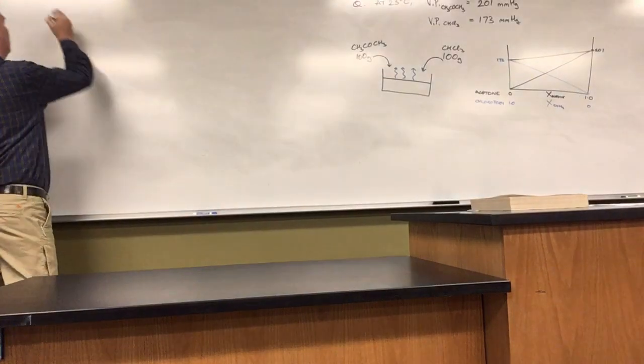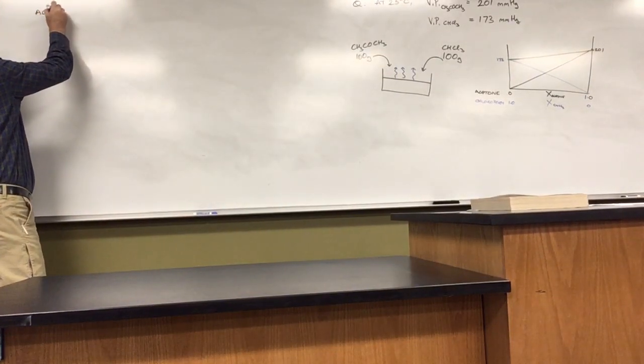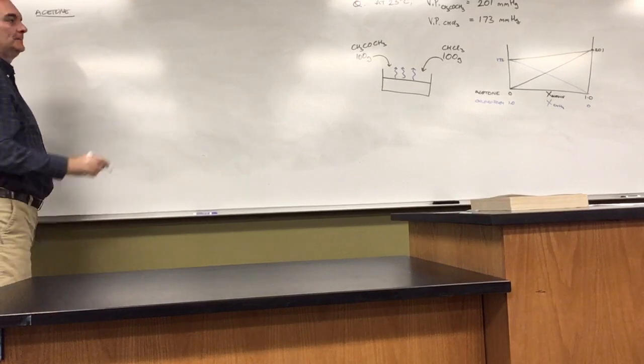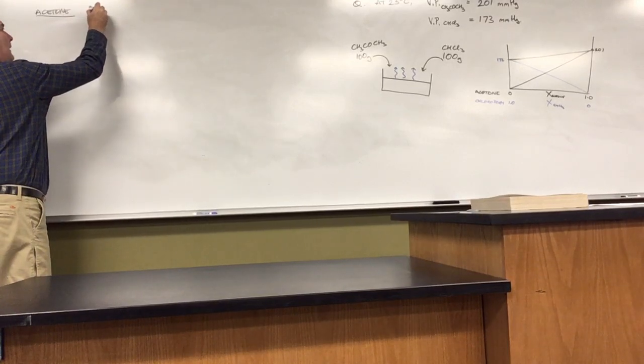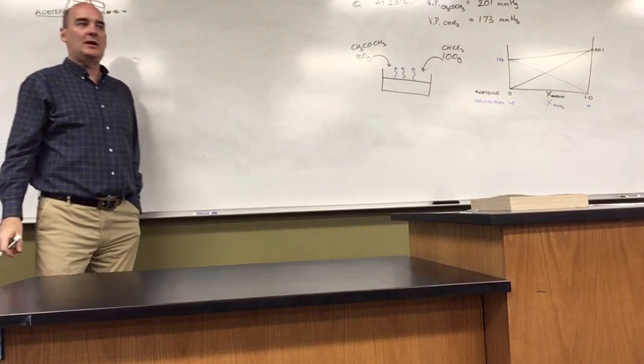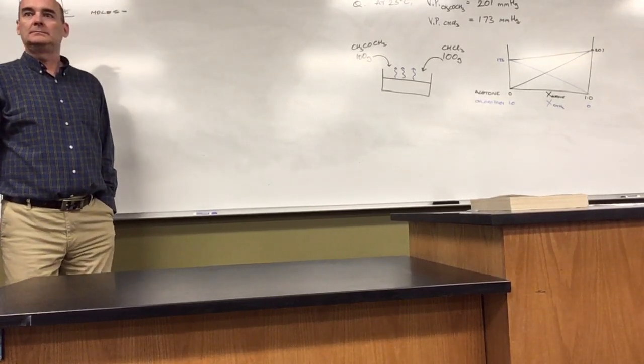Okay? So let's break this down. I've got two things. I'm going to do them one at a time. Acetone. I need to find the number of moles. What's my formula for discovering the number of moles in a material?